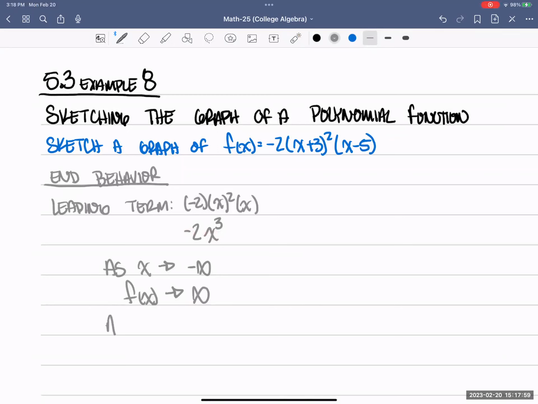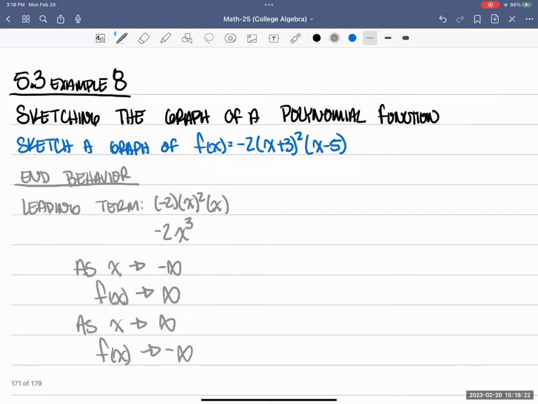And on the opposite end, as x approaches positive infinity, our function approaches what? As we put really big positive numbers in there, this whole thing ends up being positive multiplied by that negative, which is going to be -infinity.